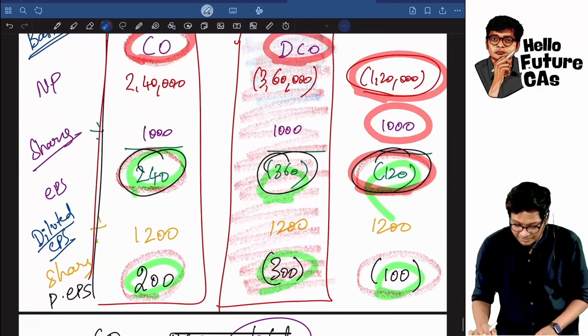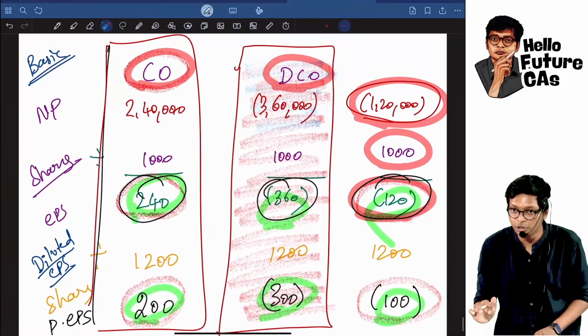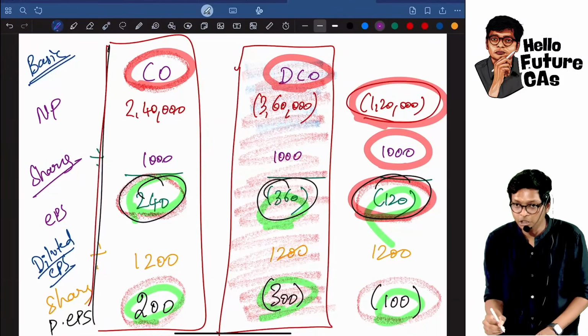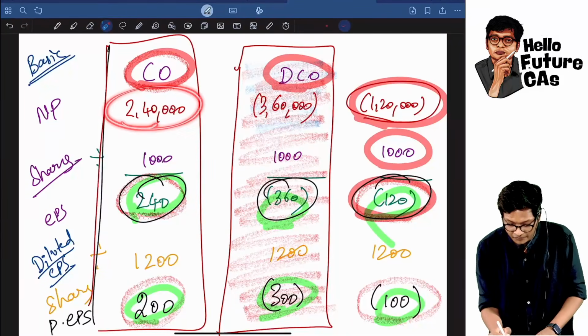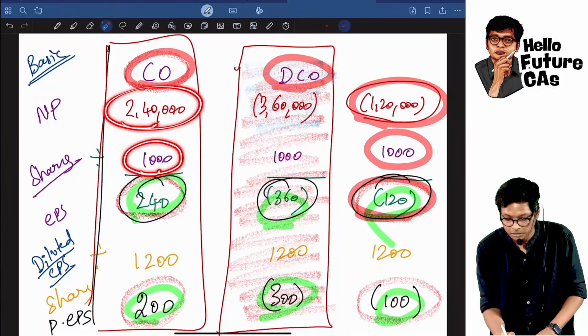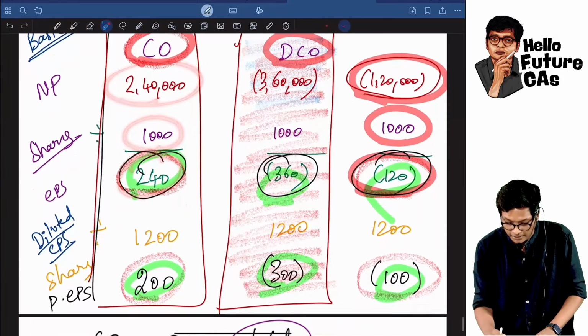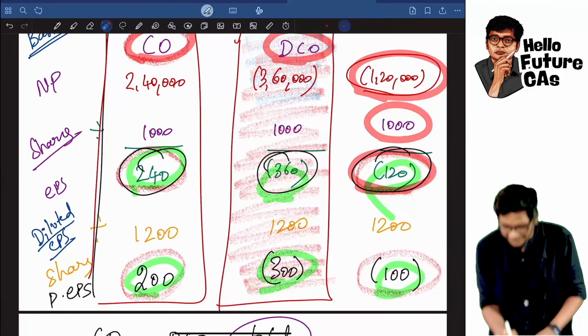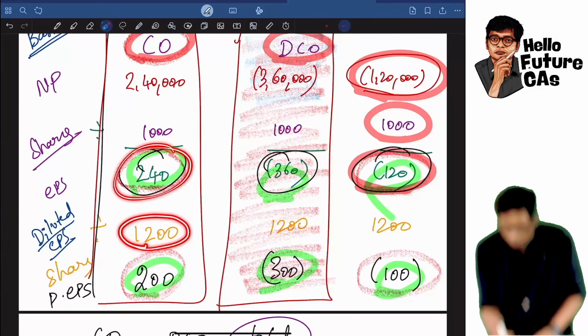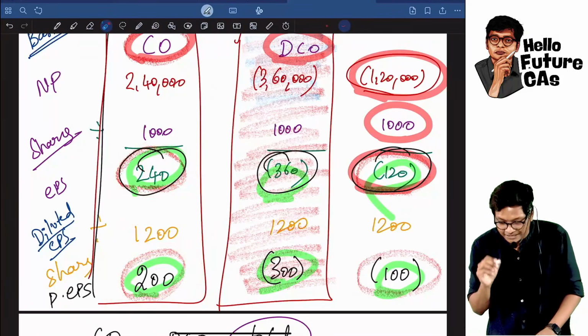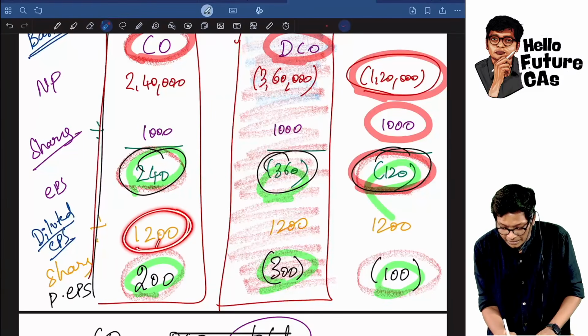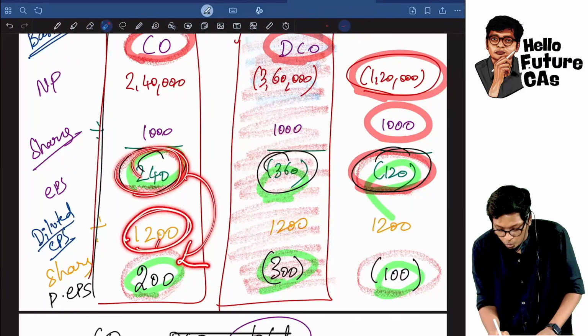Now come back to continuing operation. In continuing operation, the numerator is 2 lakh 40, denominator is 1000, so you got 240. When I include the diluted shares, 1200, 240 is becoming 200. That means by adding 200 shares, 240 is becoming 200.